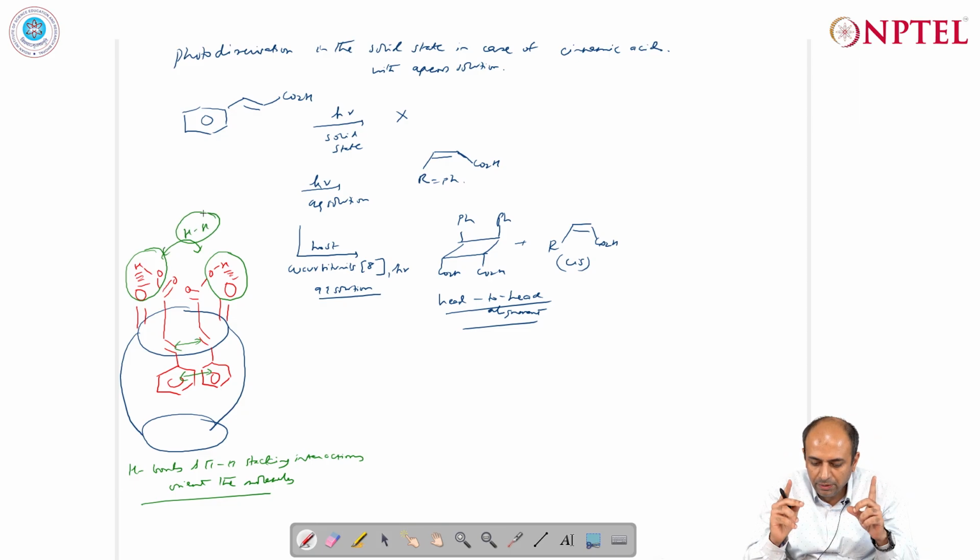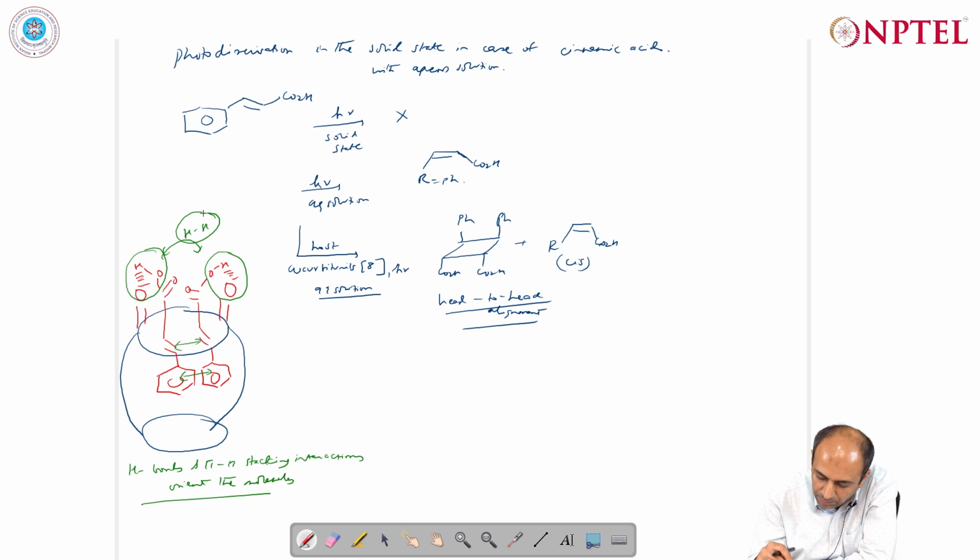So, in the head-to-head alignment the carboxylic groups face each other because they are stabilized by strong hydrogen bonds. As I was telling you in the previous case, there can be an active cavity, there can be a passive cavity. So, this is an active cavity where there are strong hydrogen bonds and it will interact with the host template, which will pre-organize the reactant molecules, and then you will have the dimerization.